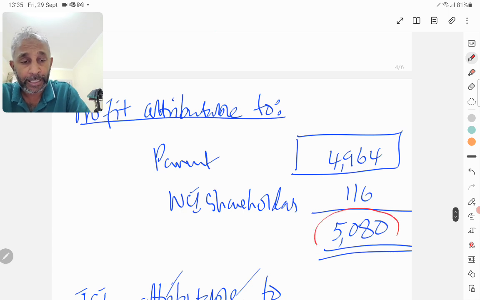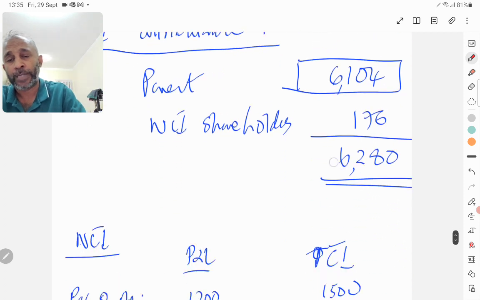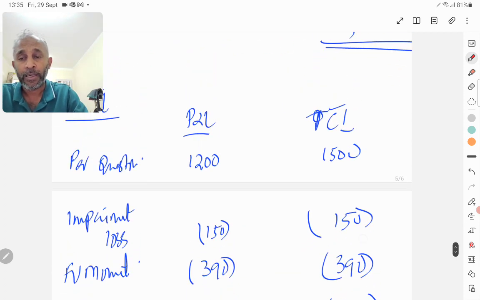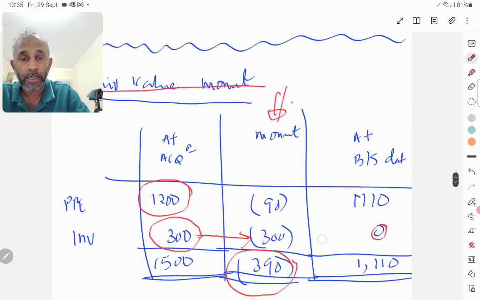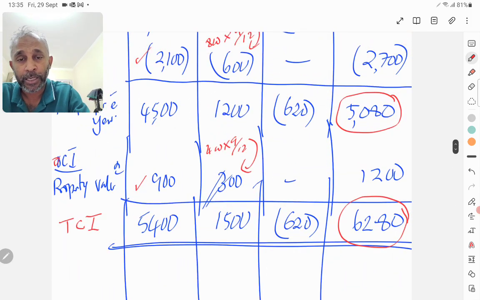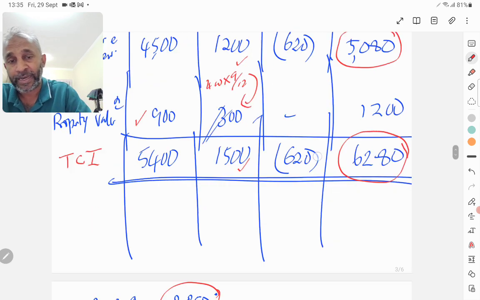From 5,080, I need to figure out how much is the non-controlling interest. For that, we should have a working. What we do is we take the subsidiary's profits and the subsidiary's total comprehensive income, 1,200 and 1,500. From where did I get this? I get that from here. You see, 1,200 and 1,500.